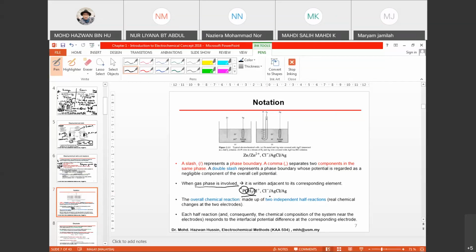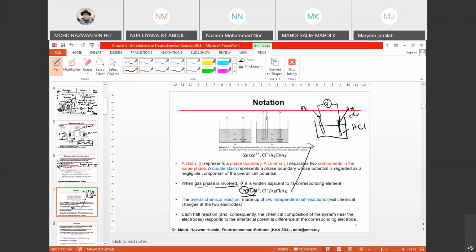What this actually means is that you have HCl, acid, as the electrolyte, and then you have platinum as one electrode. And then on this side you have silver, right? So which one will be the anode?